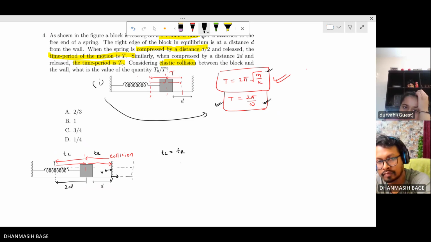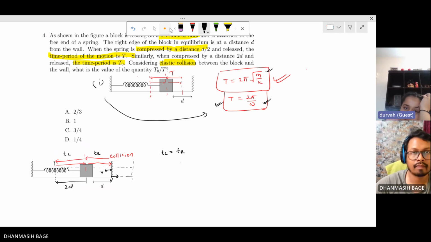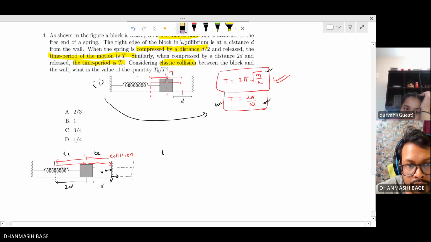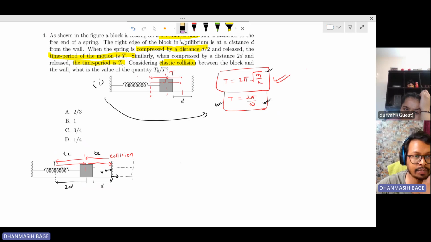So it's basically going to be the same, right? Yeah, but in this case, we have to find out, okay, it may be different here. Just see this. In this case, because the collision is taking place, it will be different.